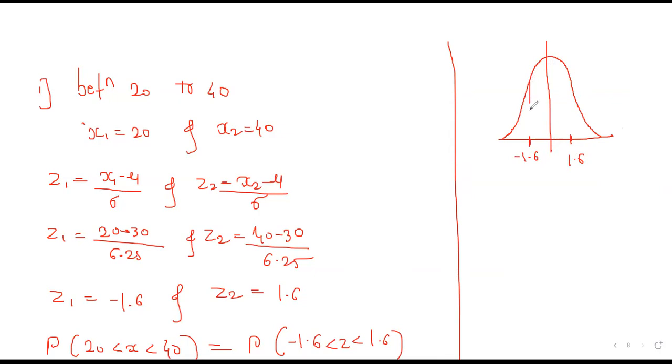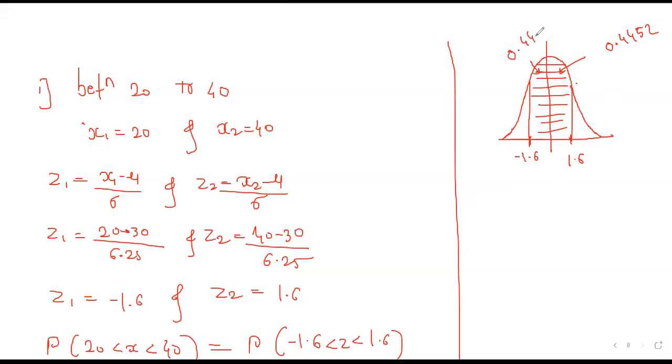So we have to calculate the area between minus 1.6 and 1.6, that is, this area. We are given the probability at 1.6 as 0.4452, and I already told you that the probability at z equal to 1.6 and z equal to minus 1.6 is the same.